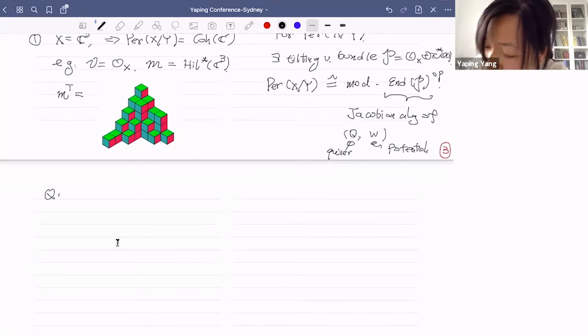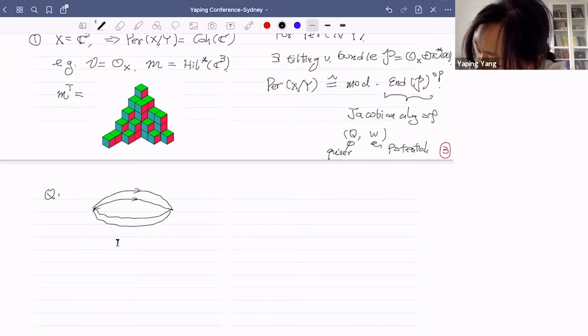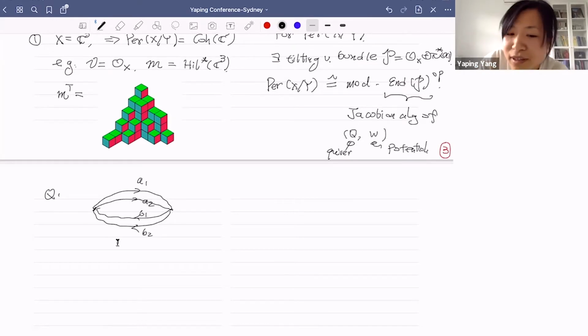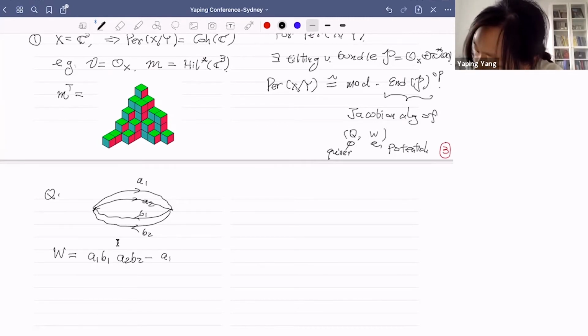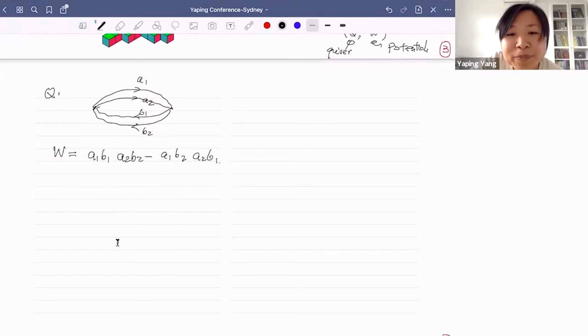So the quiver is this one. I have 2 vertices and 4 arrows in between: A1, A2, B1, B2. And the potential in this example is A1 B1 A2 B2 minus A1 B2 A2 B1. Okay. Right, so that's the perverse coherent sheaf.